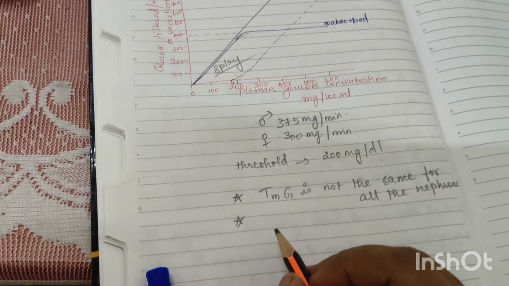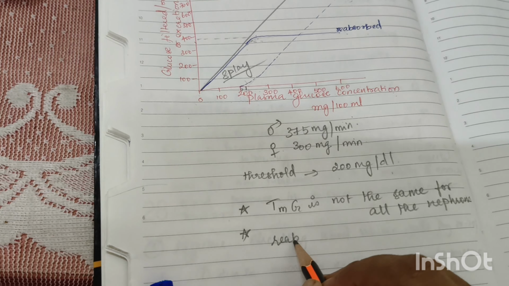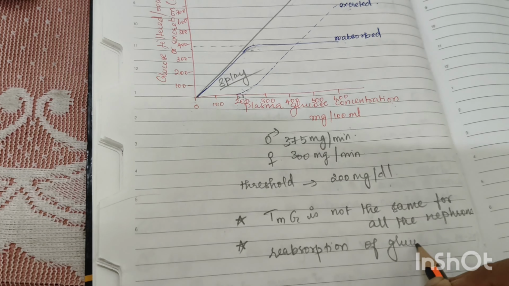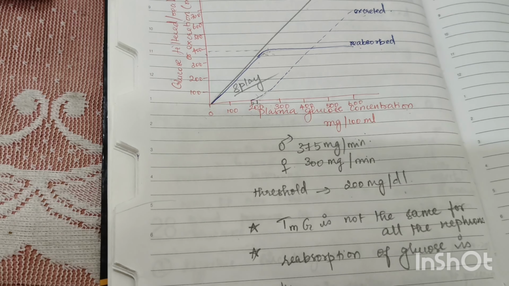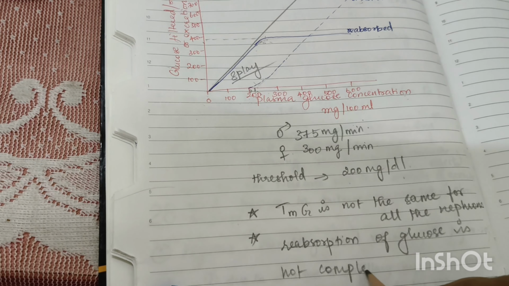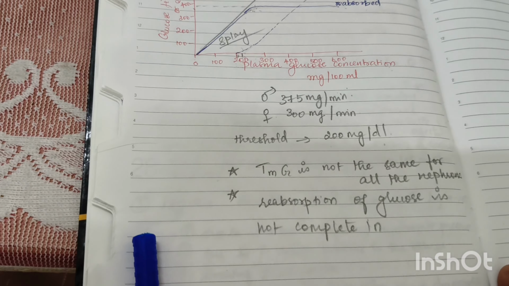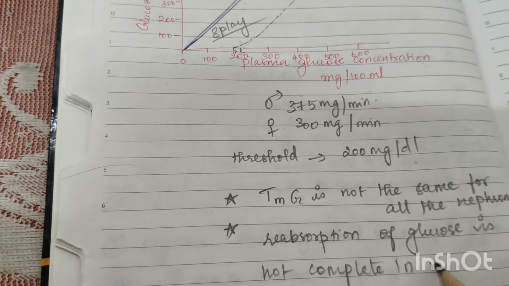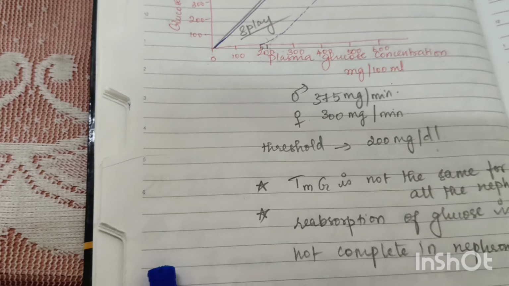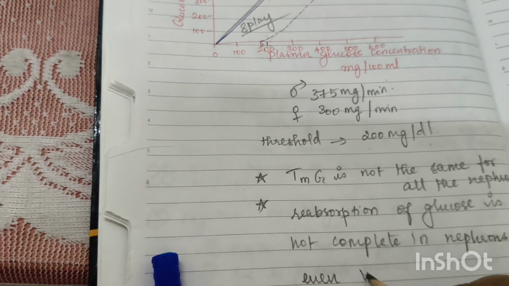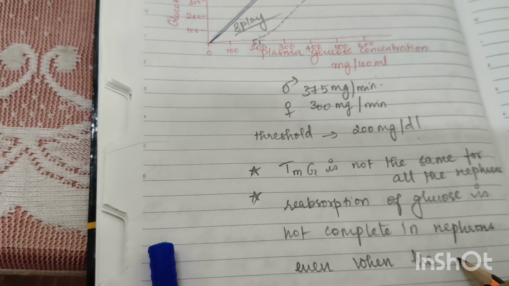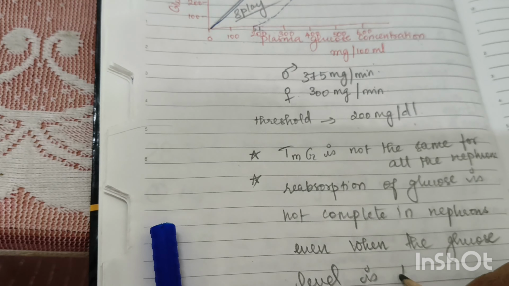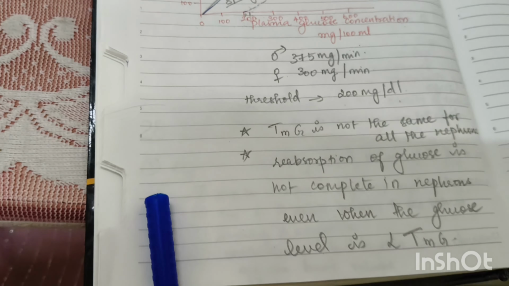And one more reason is that the reabsorption of glucose is not complete in the nephrons, even when the glucose level is less than the transport maximum for glucose.